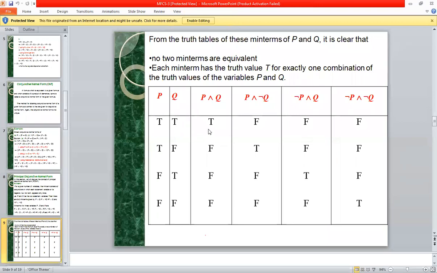When the minterm has truth value true, then the compound statement has truth value true, otherwise it is false.